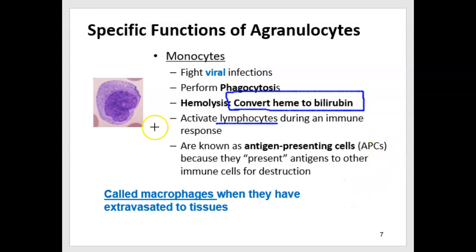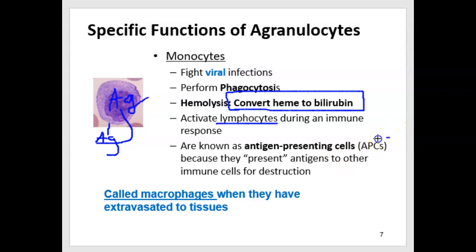When they do phagocytosis of an infected cell, and so the antigen is now inside the cell, the foreign particles, the infectious agent, they have the ability to present that antigen out on the surface of the cell membrane. They process it and they display it.